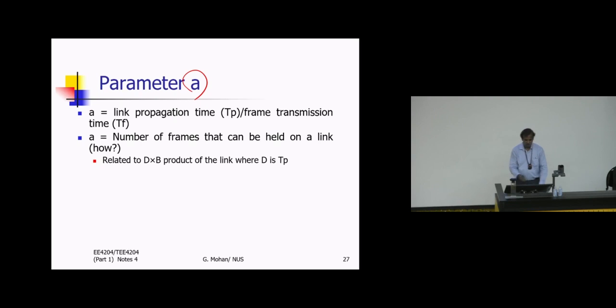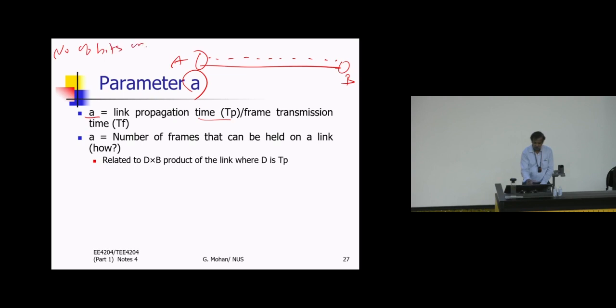We are going to use parameter a, which is the ratio between link propagation time and frame transmission time. And a is also the number of frames that can be held on a link. You take a link, let's say A, B. There are many bits traveling on the link at any time. If you look at it in terms of the number of bits on a link, that is the dB product, if you remember.